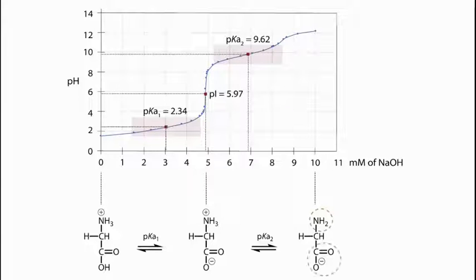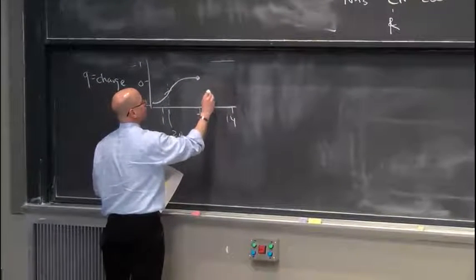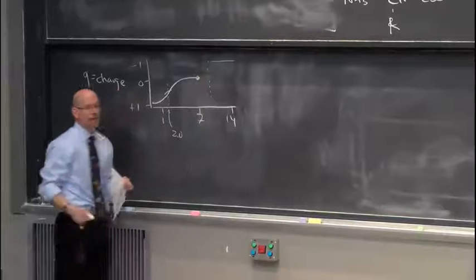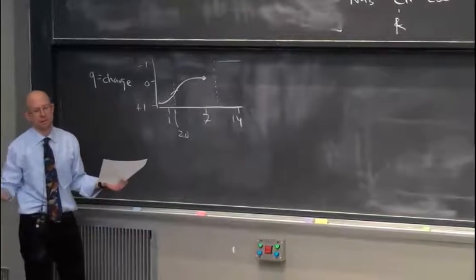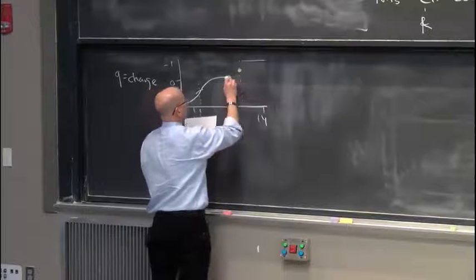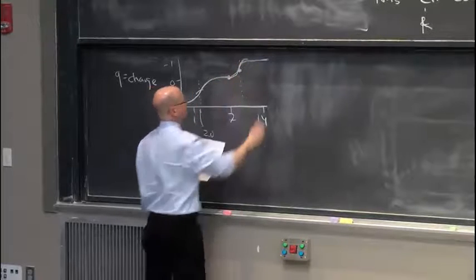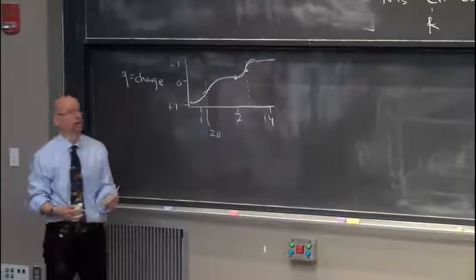The carboxyl group is still charged, so the net charge is minus 1. Where is it going to be half charged and half uncharged? 9, the pKa. So I'm going to get a curve that looks like this. This is my titration curve based on charge.